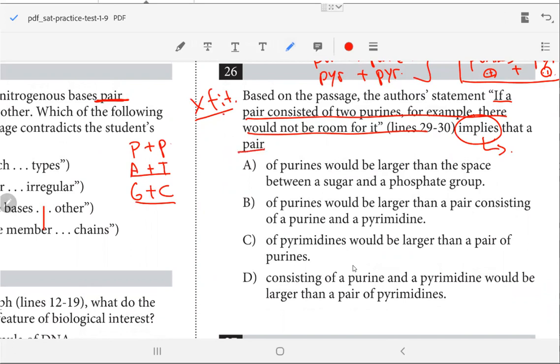That a pair of purines is going to be too big for that space to be fitted. Would be larger than the space between a sugar and phosphate group. It has nothing to do with the space between sugar and phosphate group.